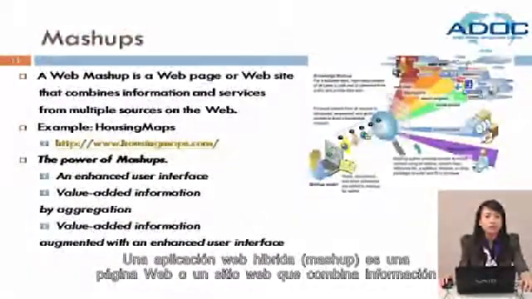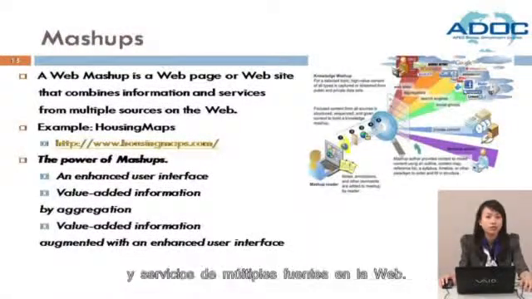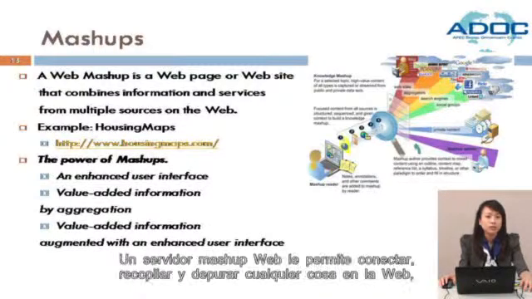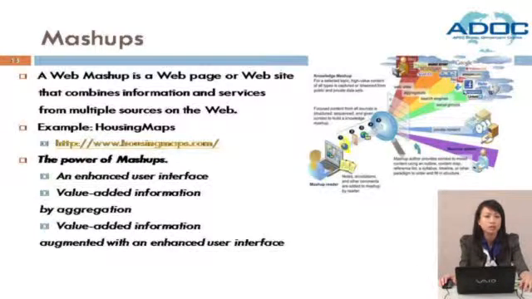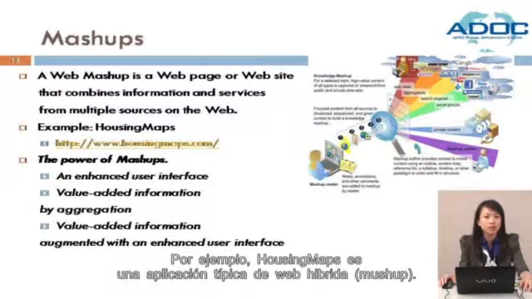A web mashup is a web page or website that combines information and services from multiple sources on the web. A web mashup server lets you collect and mash up anything on the web, as well as data on some backend systems. For example, HousingMaps is a typical mashup application.